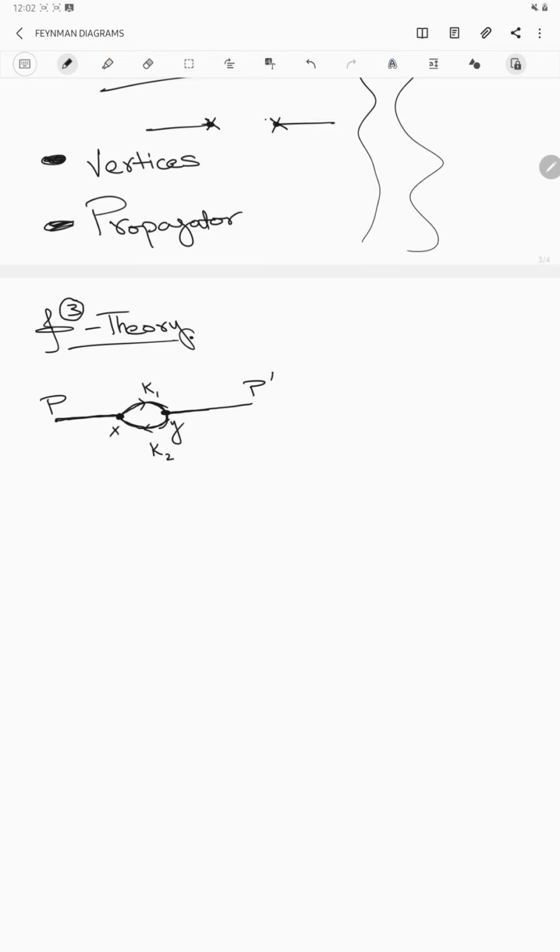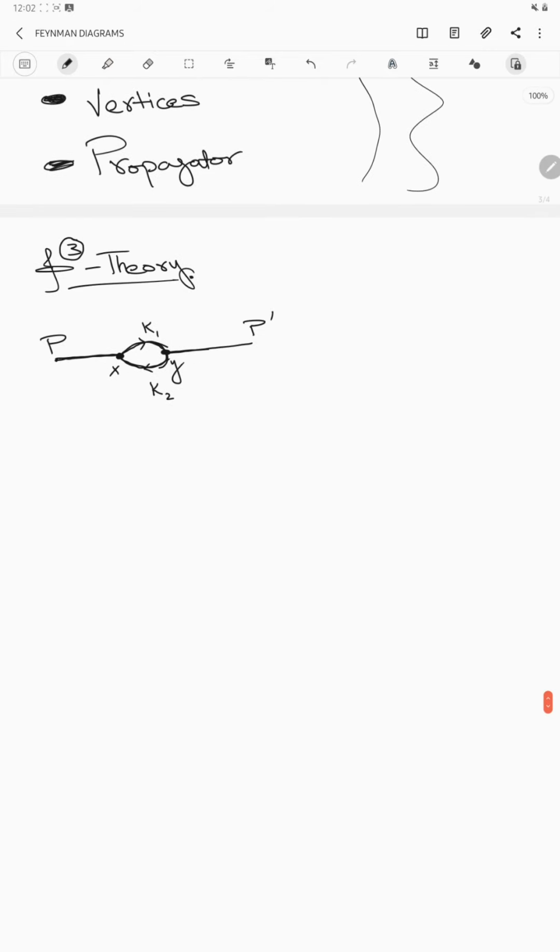Now, these external lines that you have over here, right? These external lines are given by a factor of exponential. Let me write it down like this: external lines. That's the first point, and these are given by a factor of exponential negative or positive p dot x, where x is where you have this vertex, right?